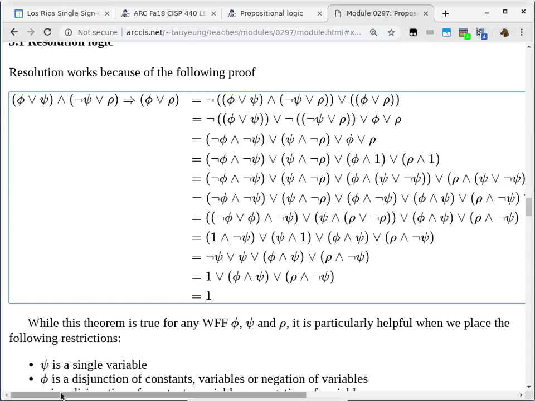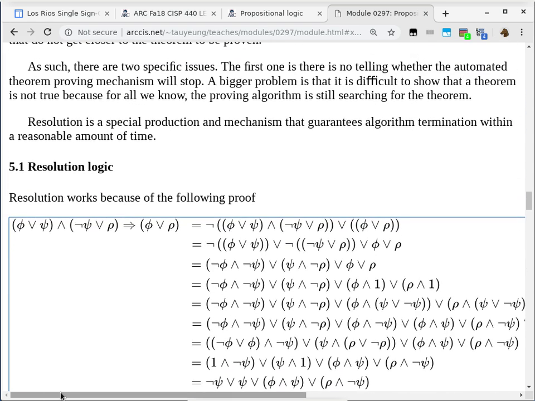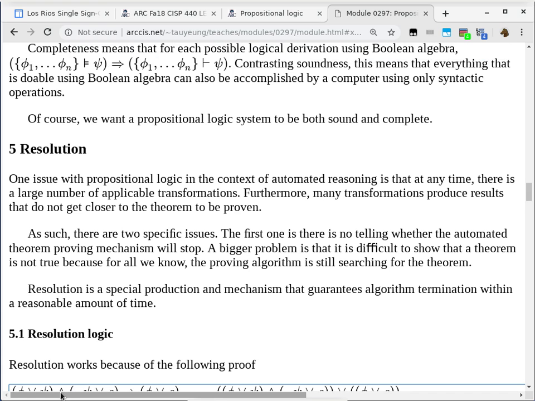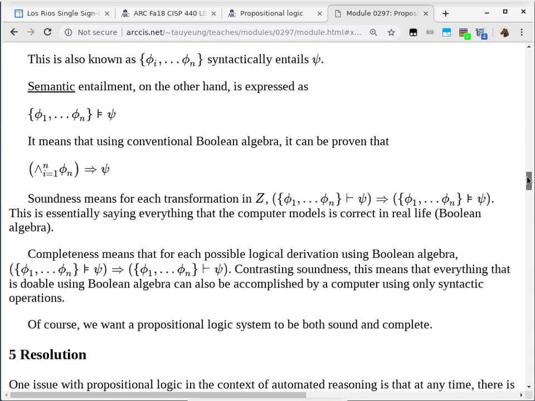The very first thing. Are you talking about the inference?